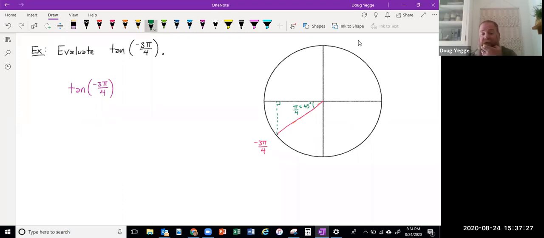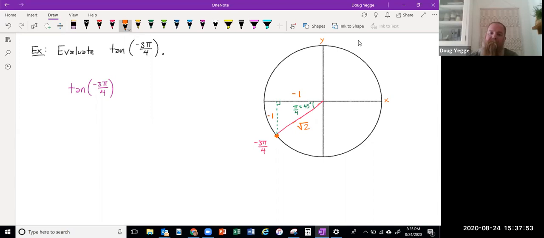So because it's a pi over 4 angle, that means that our two legs are 1 unit each, while my hypotenuse is the square root of 2. Again, that just came from our special triangles. Now be very careful though, again, because in order to get down into the third quadrant, I had a -x and I had a -y.